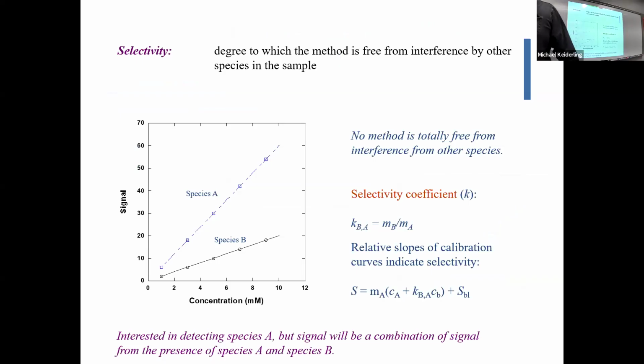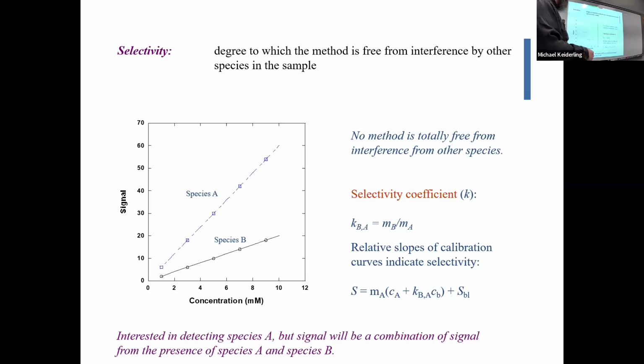And selectivity is the degree to which the method is free from interference by other species. So no method exists that's going to be free from interference from other things in your sample. But the selectivity coefficient is a way to figure out that difference.